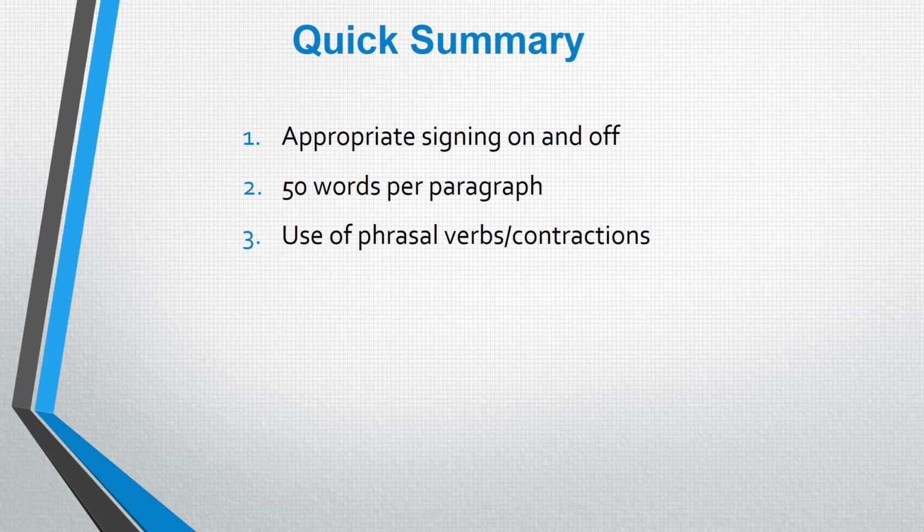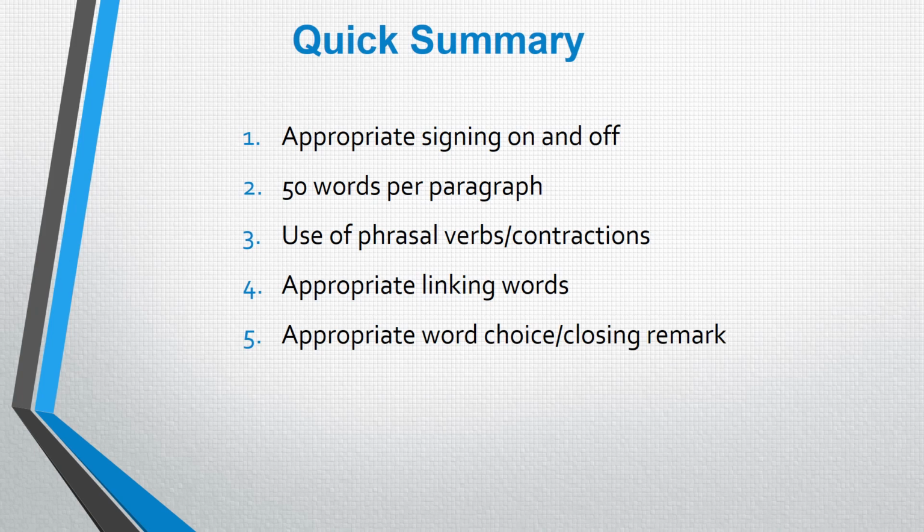Make sure you try to use phrasal verbs and contractions in your letter to maintain an informal tone. Obviously, you need to use appropriate linking words as well so that your letter is coherent. And you need to choose appropriate words to ensure an informal tone as well, just as I showed you with the red and blue boxes there.